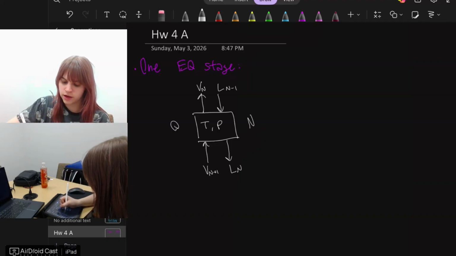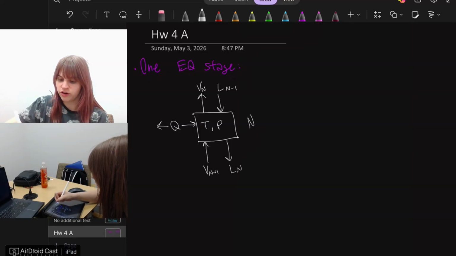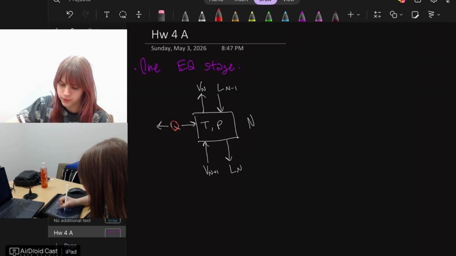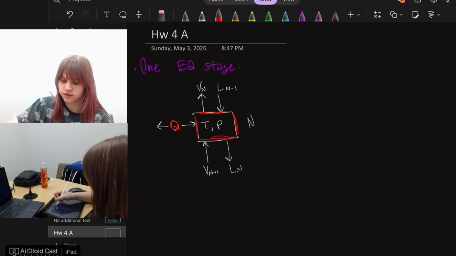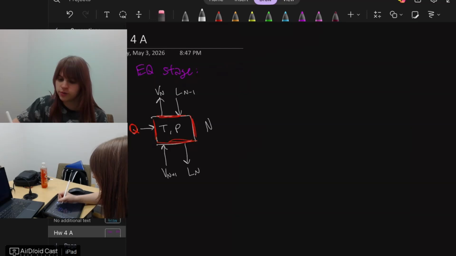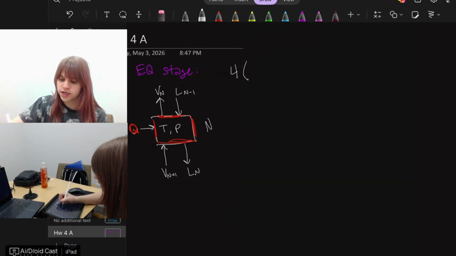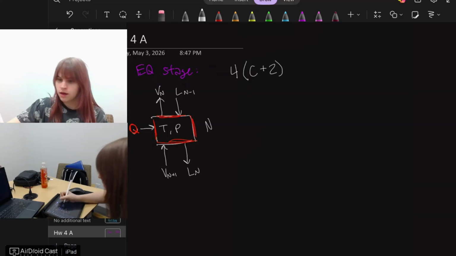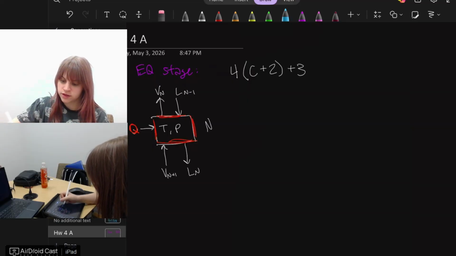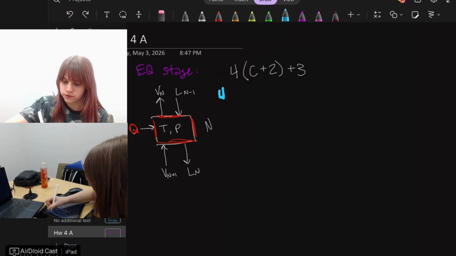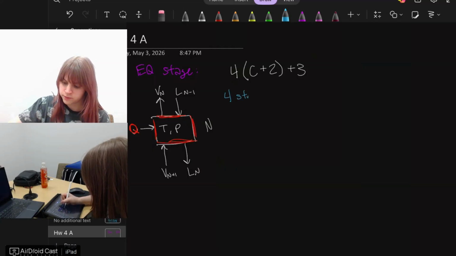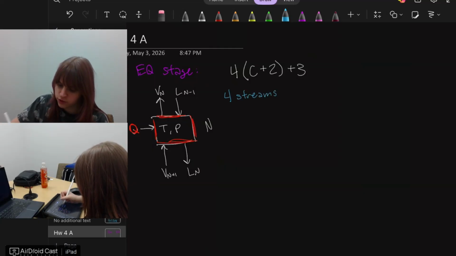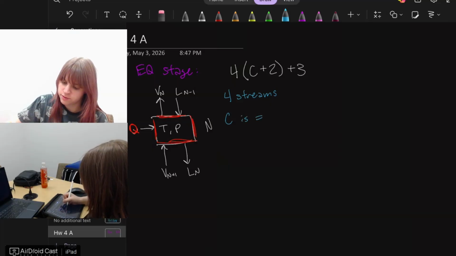Something we haven't really talked about is that there is heat transfer occurring. I'm just going to use Q as the heat, but there's heat transfer that can occur around this stage. So the variables we have: 4 times C plus 2, plus 3. There's 4 streams, and C plus 2, where C is the number of components.